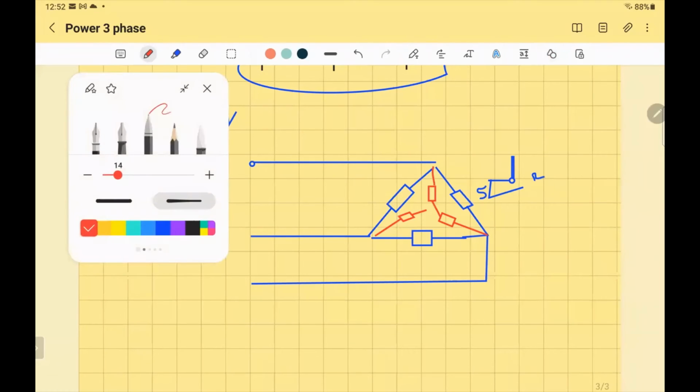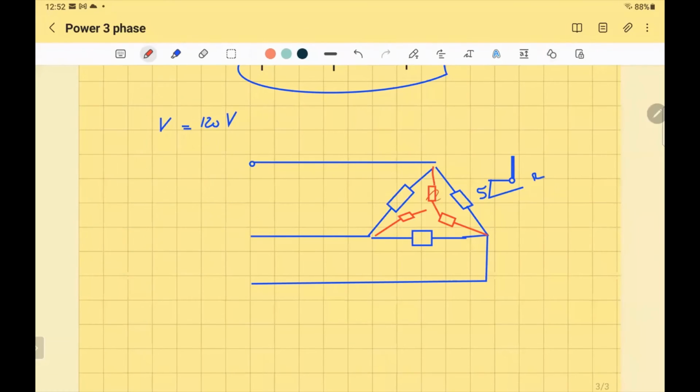If you have it connected as Y, and this is A, B, that will be the neutral, so you can take only this phase. Let me sketch it nicely now. The equivalent star. I'm still keeping the terminals A, B, C, they don't change. I just change what's inside.